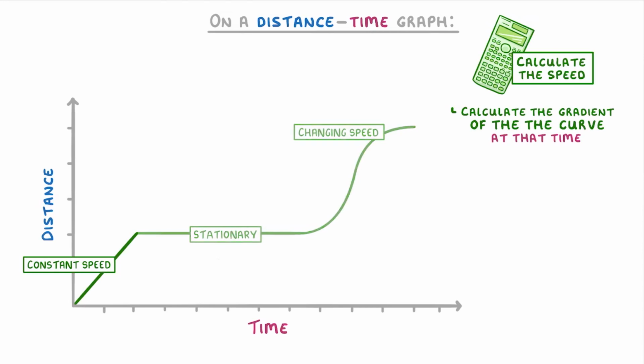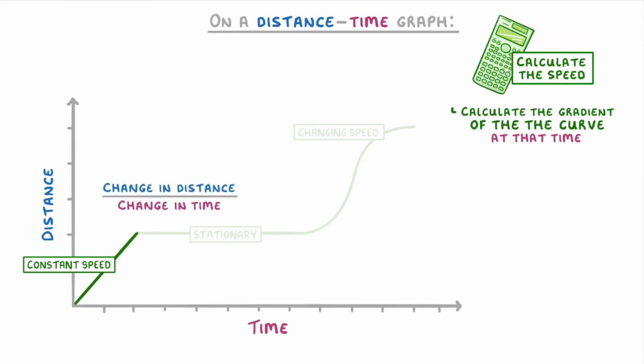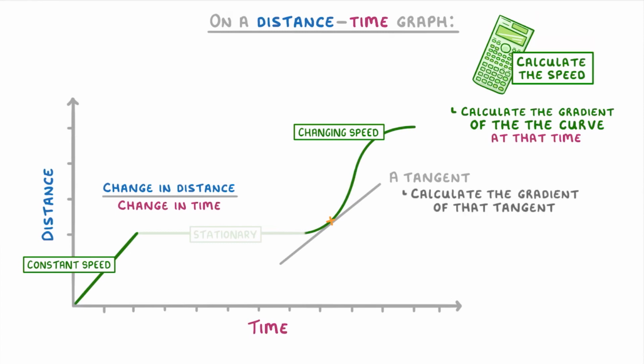So if the point lies on a straight line, like this one, then you just calculate the gradient of the line by dividing the change in distance by the change in time. If the point lies on a curve though, like this one does, you need to draw a tangent to the curve at that point, and then calculate the gradient of that tangent.